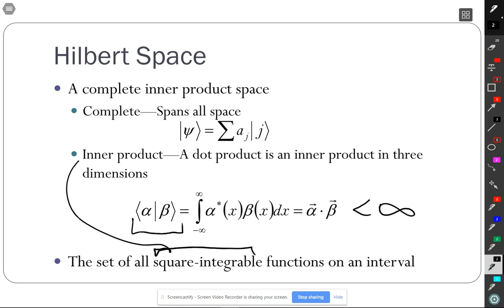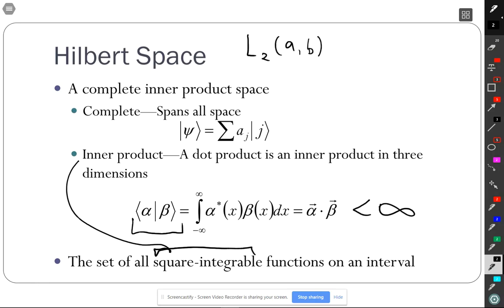Our textbook says to mathematicians, there's a special name for this. Technically, a Hilbert space is a complete inner product space. I think I said that. Yeah, here. Mathematicians call it L subscript 2, parenthesis, A comma B, where A and B are the interval limits, which I've been using minus infinity to plus infinity.